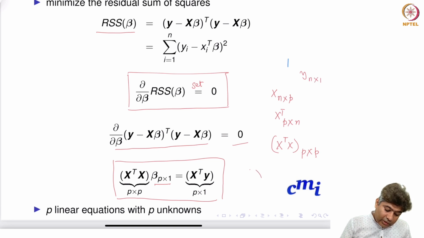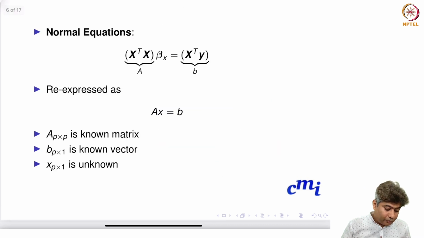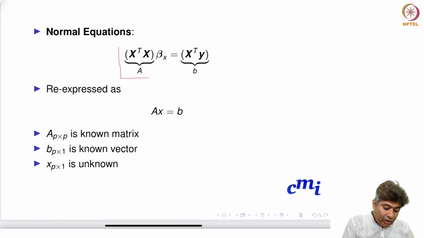So X transpose y, p cross n times n cross 1, gives us p cross 1. So we are setting up p linear equations with p unknowns. These are the p unknowns with p linear equations. So the normal equation turns out to be this. This is my normal equation.